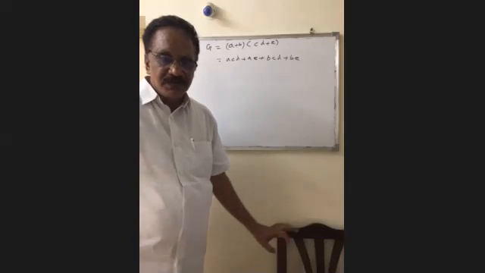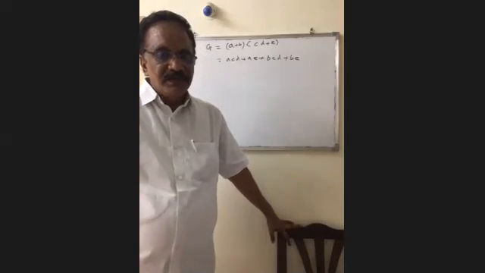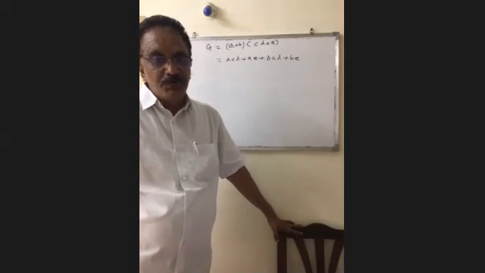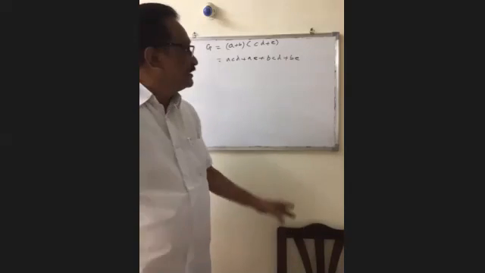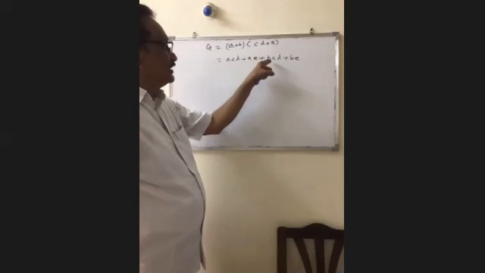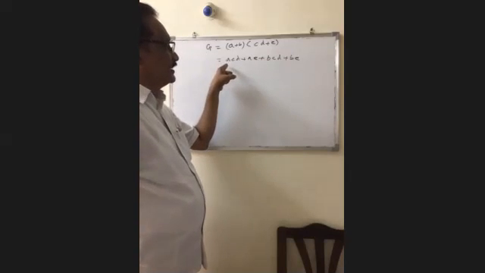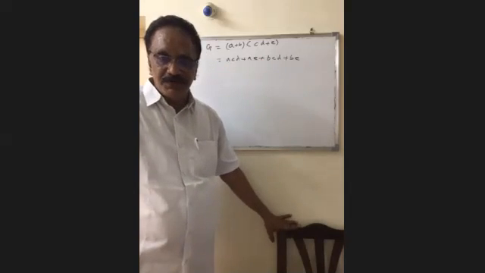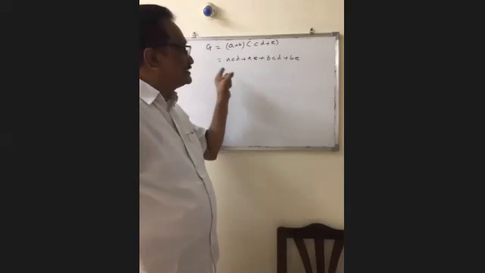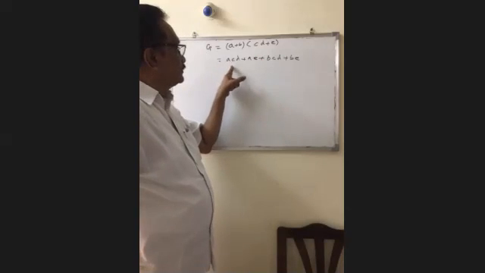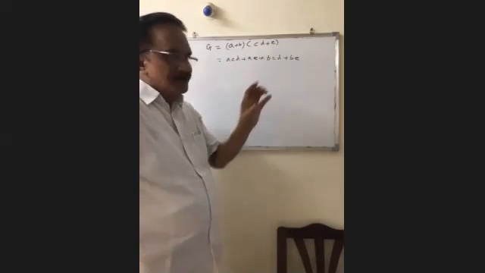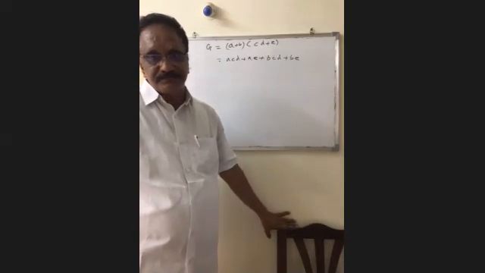For example, if the given question is in this form, realize the given expression by using only two input NAND gates. To realize this one, it requires a 3 input NAND gate. It also requires a 3 input NAND gate. Finally, the second level requires a 4 input NAND gate. So to realize this expression, it requires two 3 input NAND gates, two 2 input NAND gates, and one 4 input NAND gate.